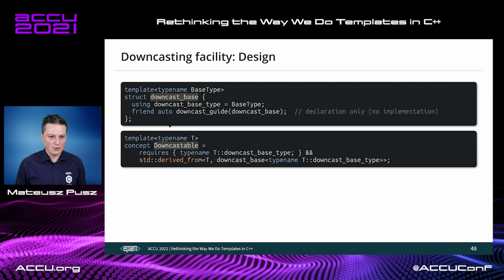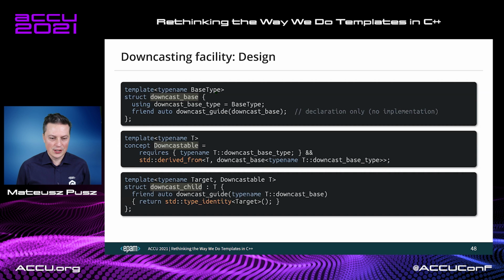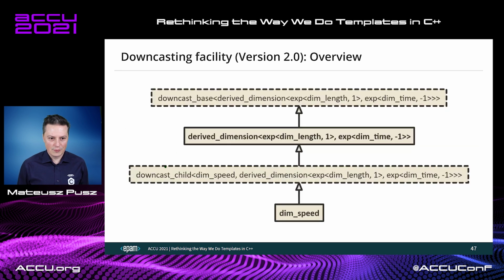Then I have a concept called downcastable that requires that my type T that I want to be able to be downcasted has actually this downcast base type inside, and that basically this type T is derived from this downcast base of this type. And then I have downcast child, so the one provided here, right?